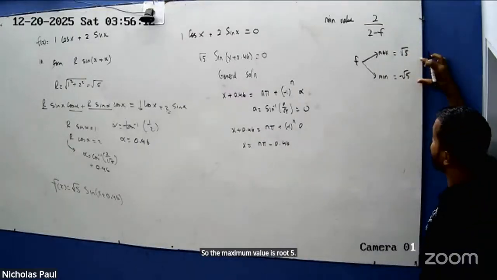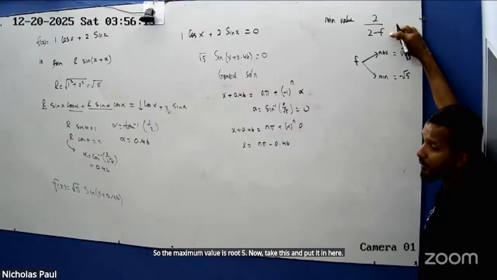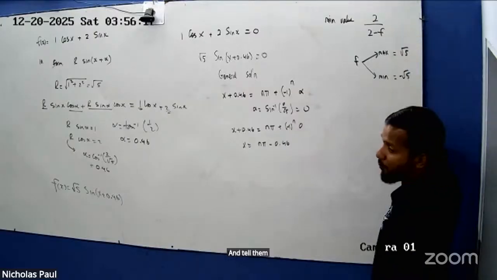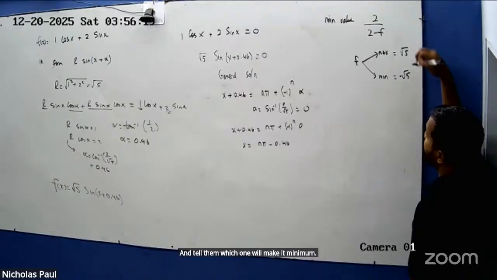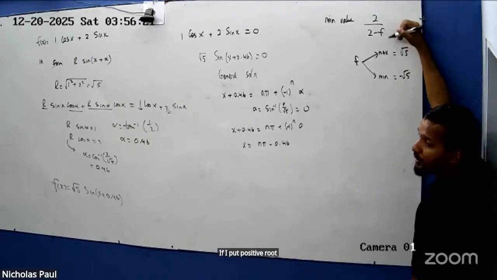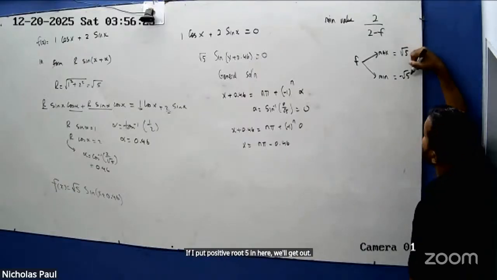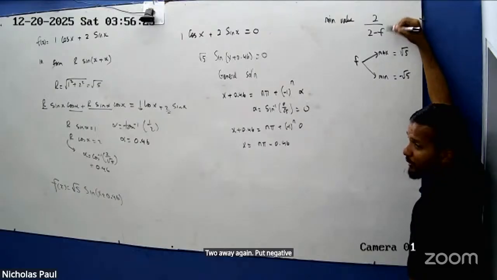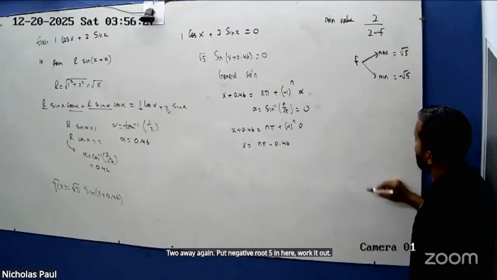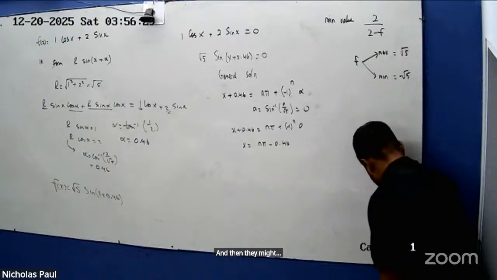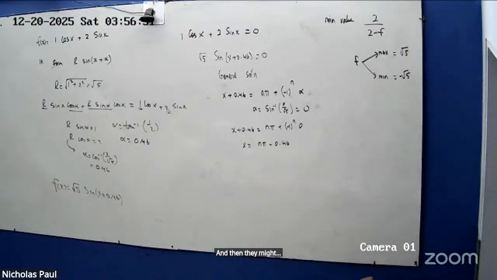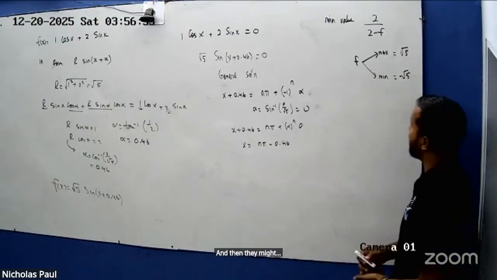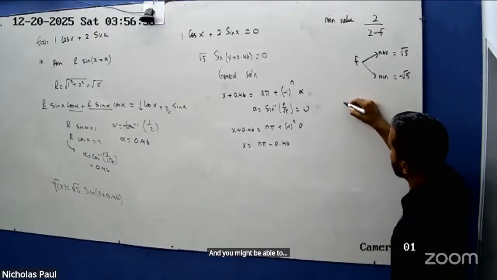Now take this and put it in here and tell me which one will make it minimum. If I put positive root 5 in here, work it out, see what you get. Put negative root 5 in here, work it out. And then you might be able to tell me what the minimum value is.